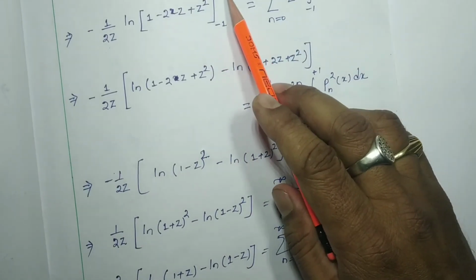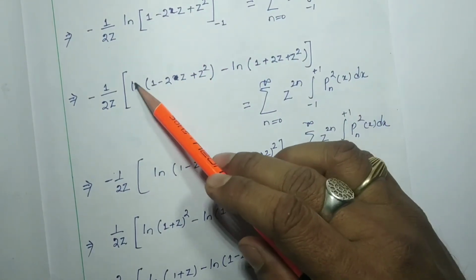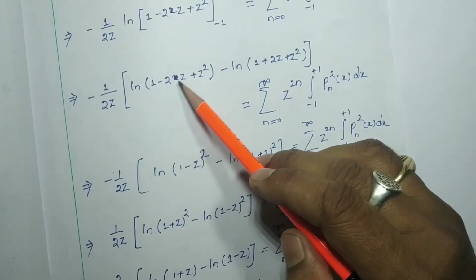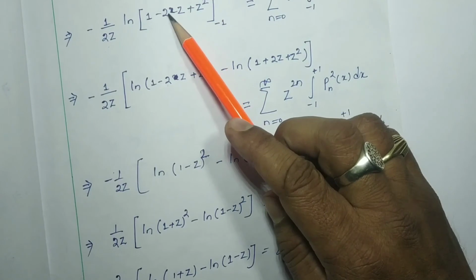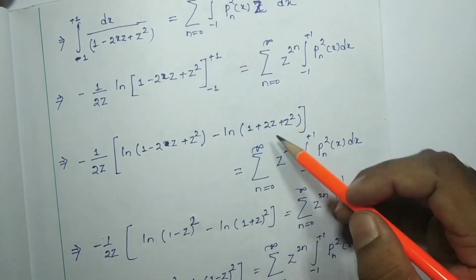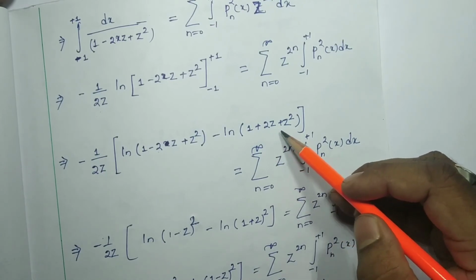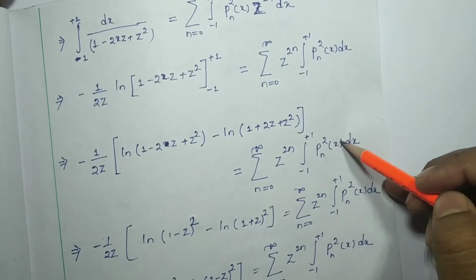Here put plus 1 instead of x, so it will be ln of 1 minus 2z plus z square, minus, putting minus 1 instead of x, ln of 1 plus 2z plus z square, and the right hand side the same.